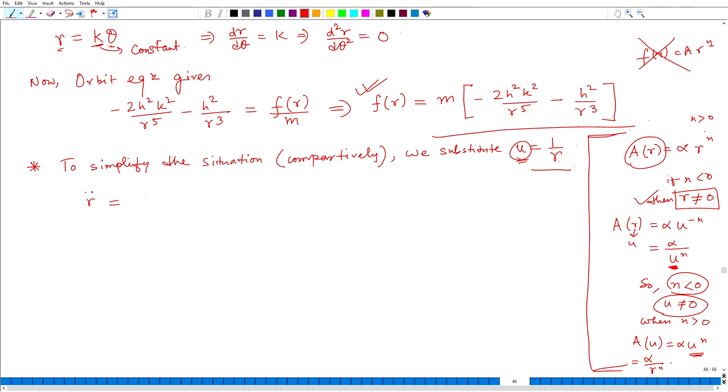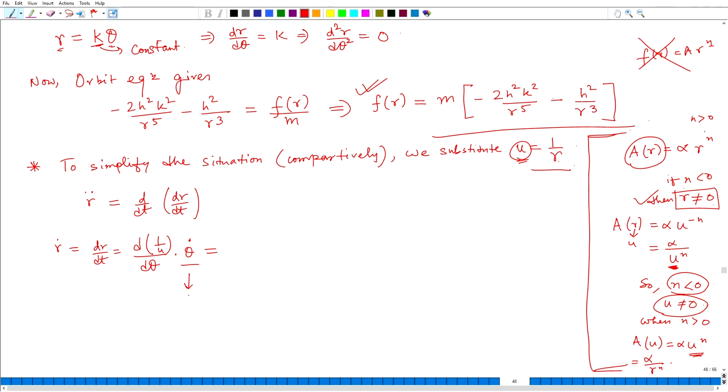So, r double dot is equal to d dt of dr dt, and once again, r dot is nothing but dr dt, which is dr d theta times d theta dt. Instead of r, now I will write 1 over u. So, this will be d of 1 over u d theta times d theta dt, which is theta dot. Now, what is theta dot?